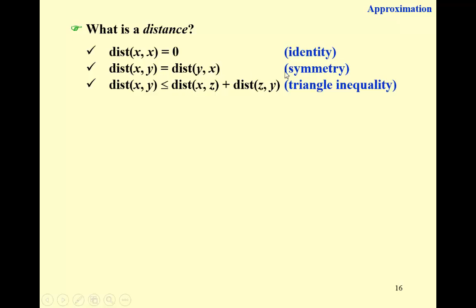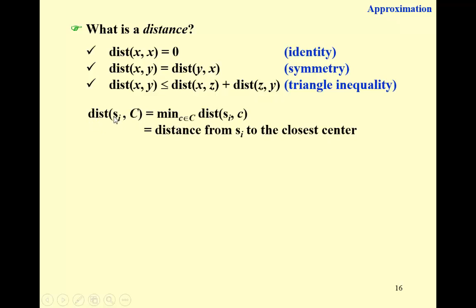The second one is about symmetry, that the distance between x and y is the same as the distance between y and x. And the most important one is the third one. It's called the triangle inequality. The distance between x and y is smaller than or equal to the distance between x and z plus the distance between z and y for any z.